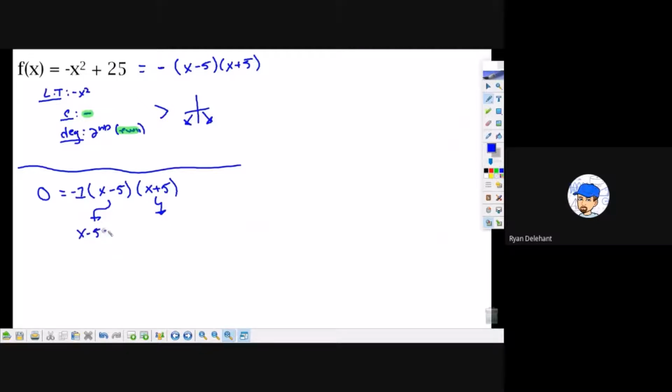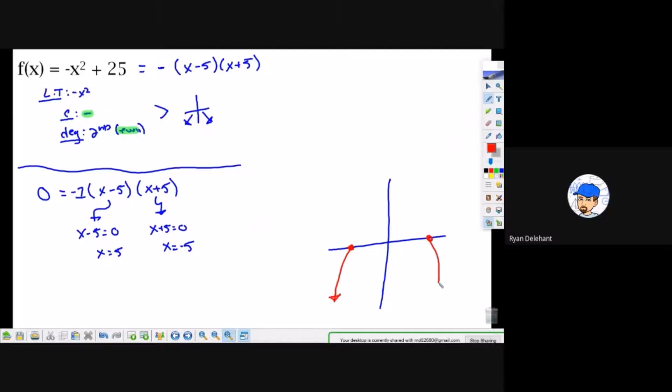So x minus 5 equal to 0 gives us that this one is at 5. x plus 5 equal to 0 gives us that this one is at negative 5. So what we know so far about our graph, if we're going to make a sketch, it's got 2 points. And based on this information, we know that this should go downward, with a curve, not with a corner.